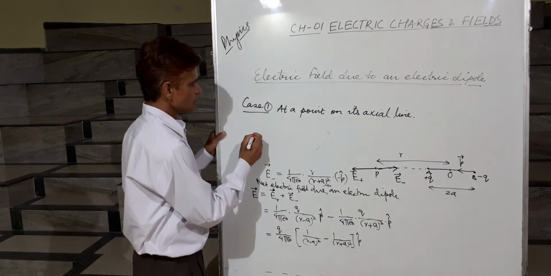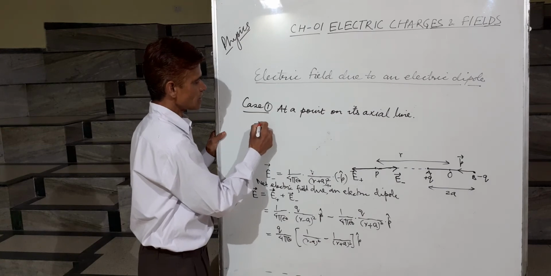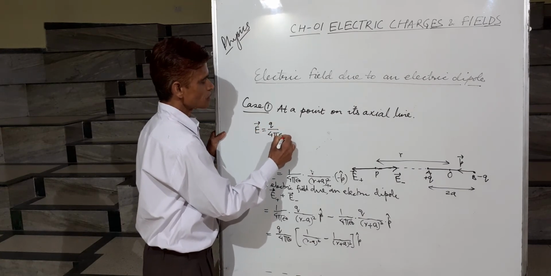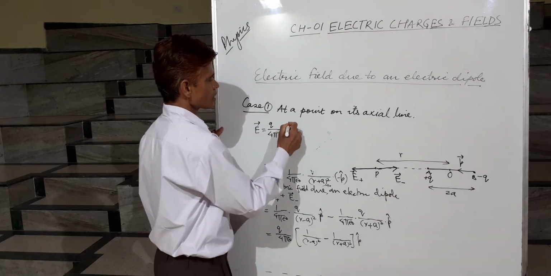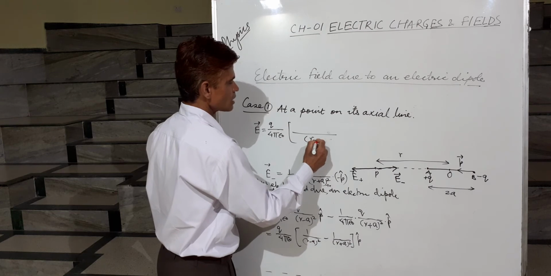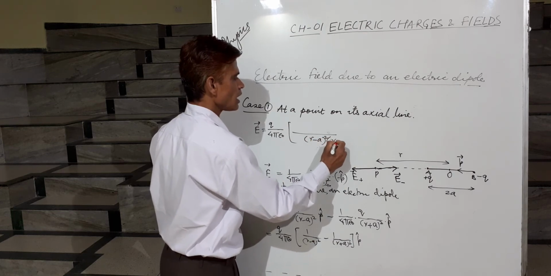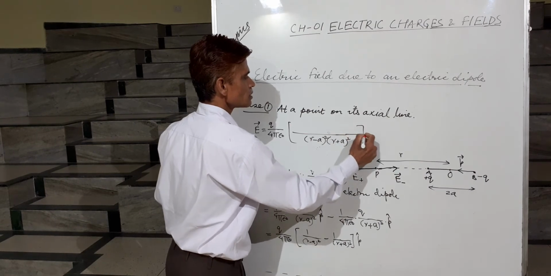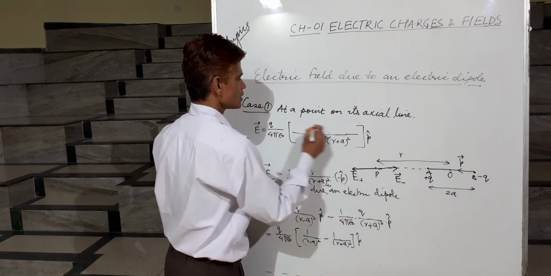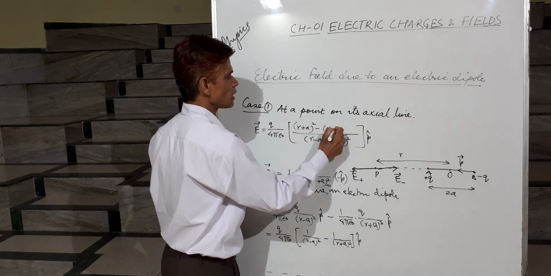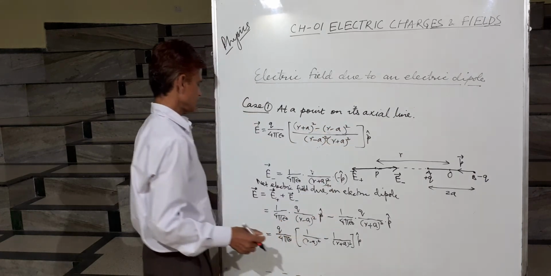So we get vector E is equal to q by 4 pi epsilon naught, the LCM is (r minus a) whole square (r plus a) whole square, p cap, times (r plus a) whole square minus (r minus a) whole square.